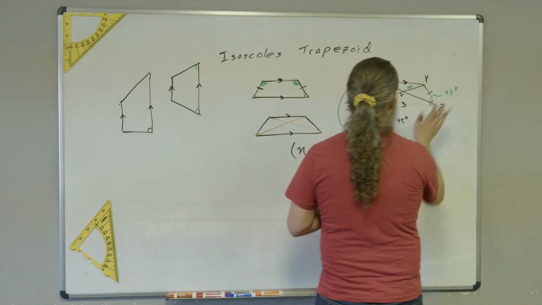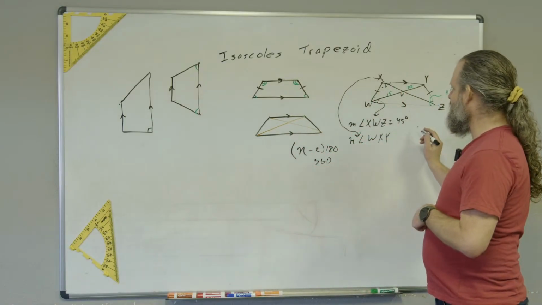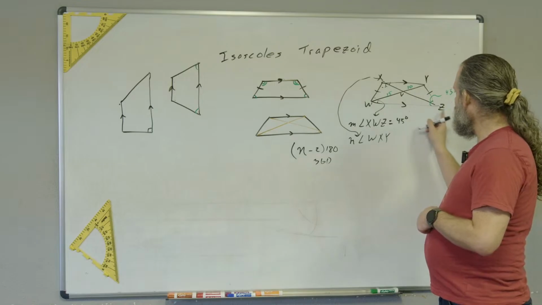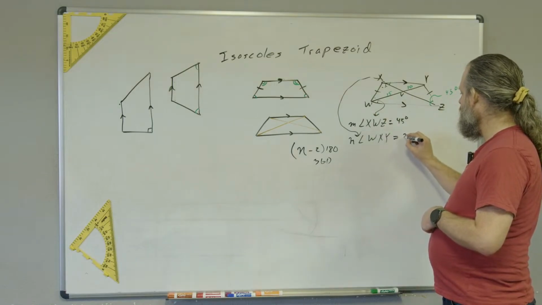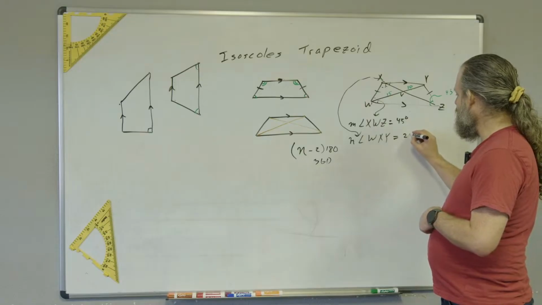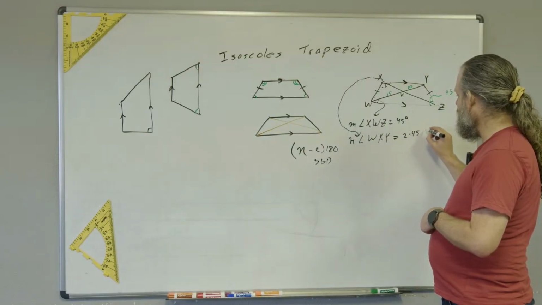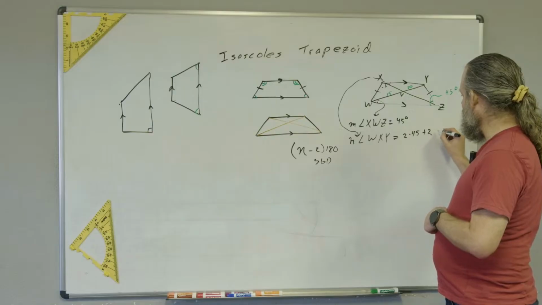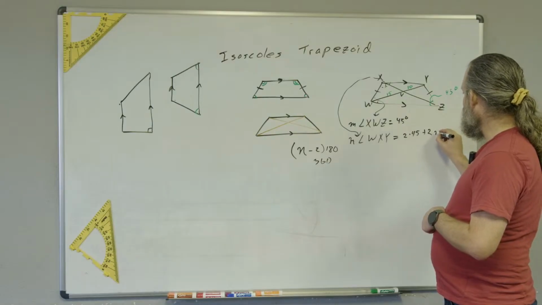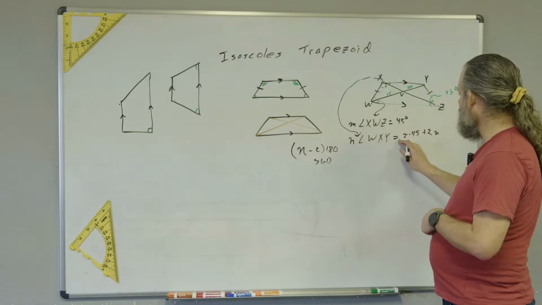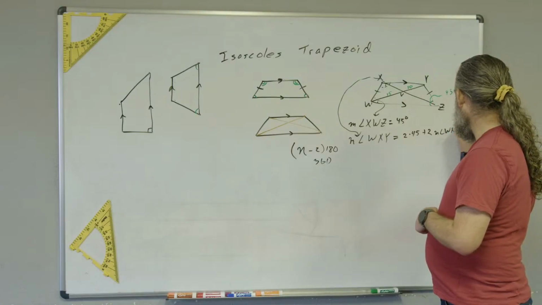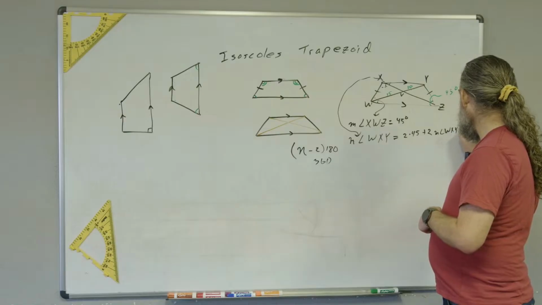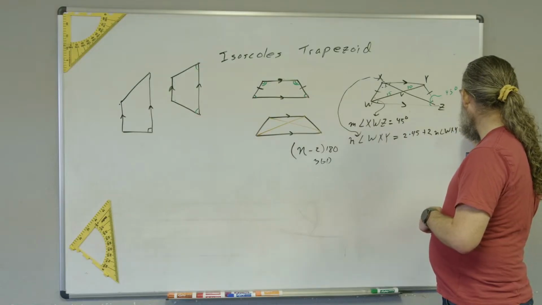So all of these added up together is 360. So 2 times 45 plus 2 times the measure of angle WXY equals 360.